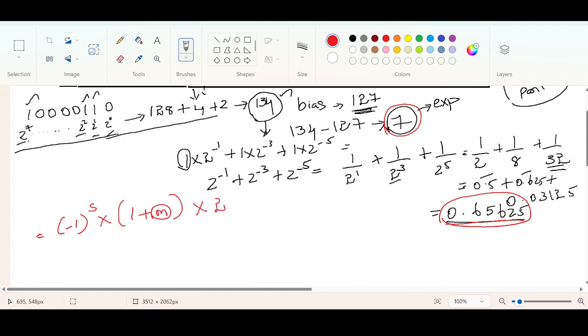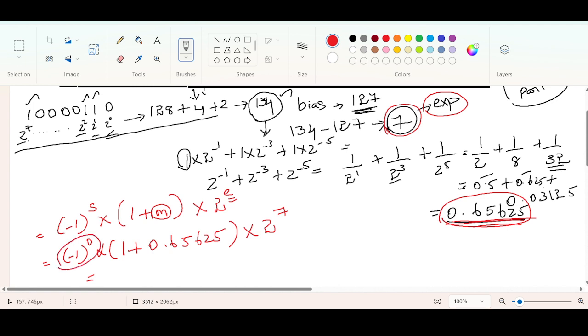Into 2 to the power of e, where e represents our exponent value. Just do the direct substitution and you will get the answer. Minus 1 to the power of s is minus 1 to the power of 0, which is 1, times 1 plus 0.65625, which is the substitution for m, into 2 to the power of e. 7 is representing the e.